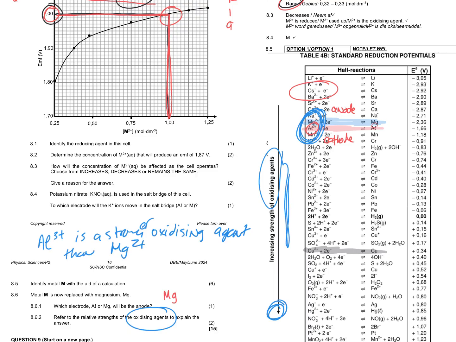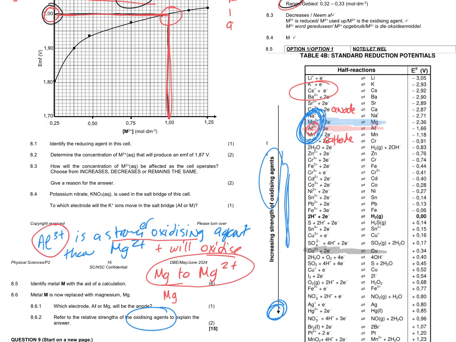So that's what you have to write. They say relative strengths, so the er is actually quite important. So Al3 plus is a stronger oxidizing agent than Mg2 plus, and will oxidize Mg to Mg2 plus. So that's why magnesium is now the anode. It's getting oxidized by the stronger oxidizing agent, which is Al3 plus.